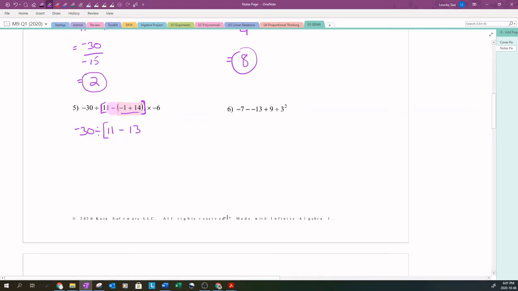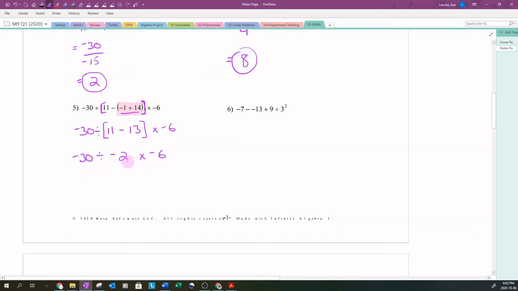So this minus sign here is this minus sign here, and I still need to keep that. So pay attention to that. And then times negative 6. And then I have negative 30 divided by negative 2 times negative 6. So I'm going to do this in order left to right. So I'm going to do my division first because the division and the multiplication are the same priority.